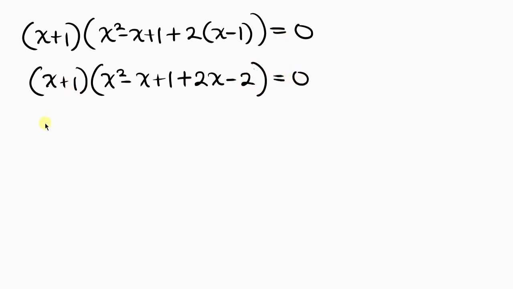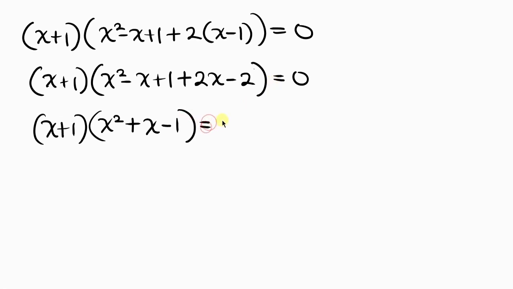So this results to x plus 1 times, this is x squared. Now negative x plus 2x is plus x, and then 1 minus 2 is minus 1, and this is equal to 0. So we have two cases.